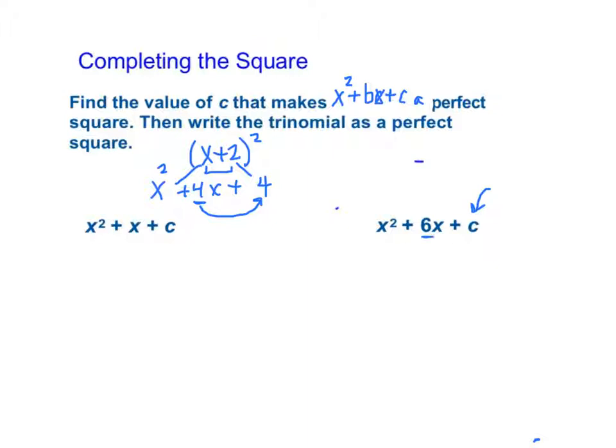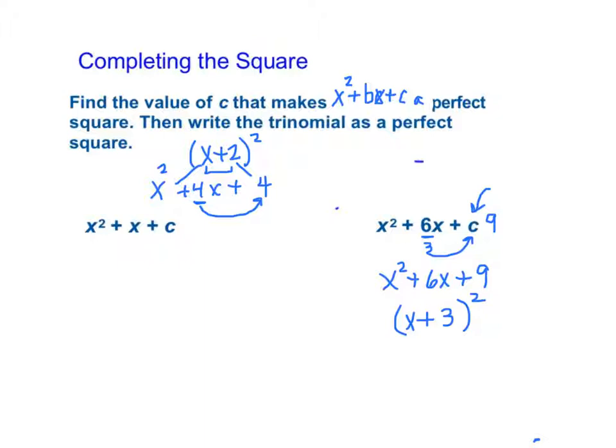So if I took half of this number, which is 3, and squared it, this number here would be a 9. So let's see if that works. Plus 6x plus 9. Well, 9 is a perfect square. So if I were going to factor this, I would have x plus 3 squared.